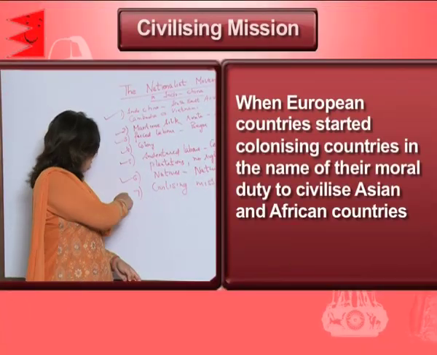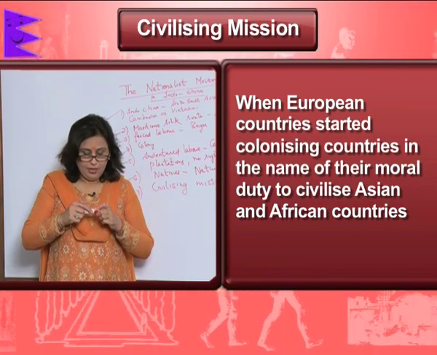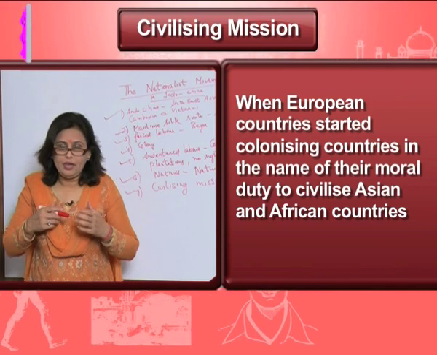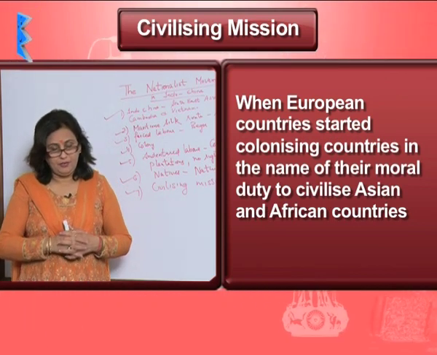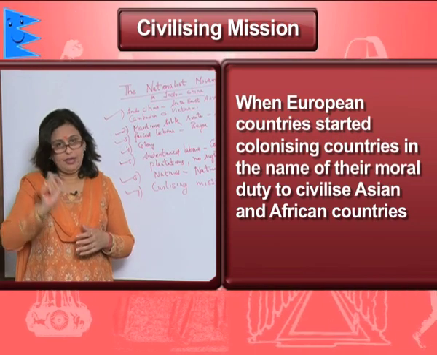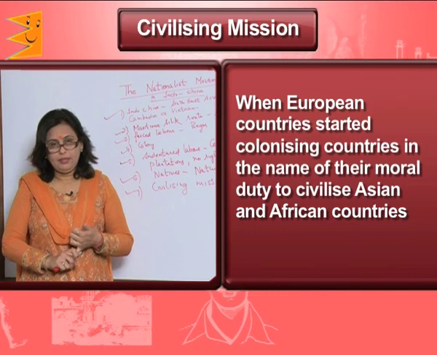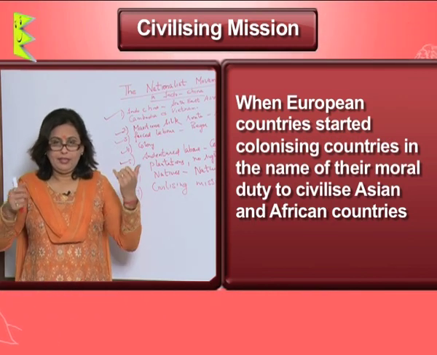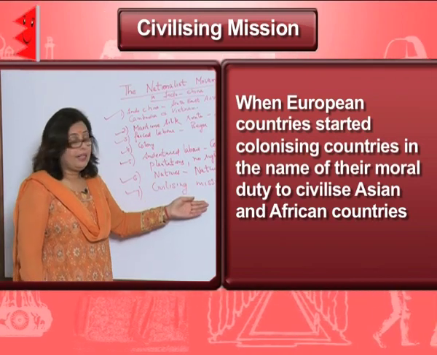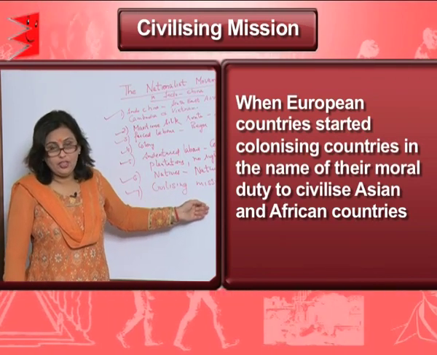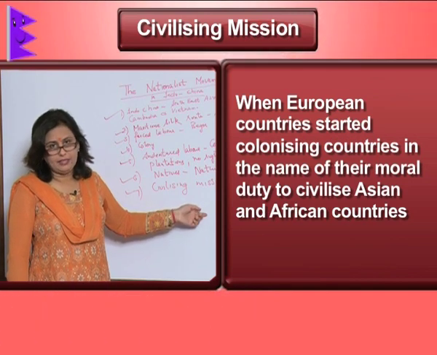Next is civilizing mission. You see, when the European countries started colonizing the countries, they had a guilt. They knew what they were doing was wrong, but they wanted to show the world that they were doing something very noble. So they said that the Asian and the African countries are backward countries.